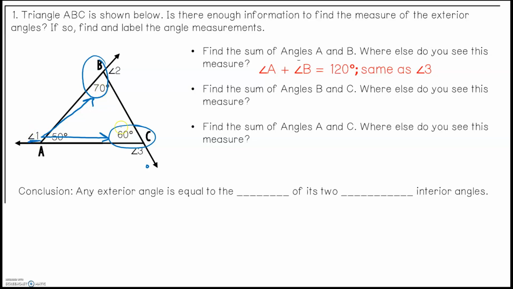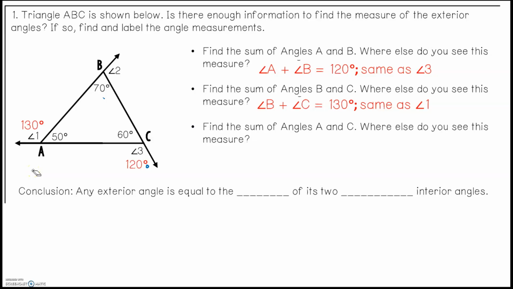So the sum of the angles that are in the opposite corners, not touching the corner where that exterior angle is, will give us the measure of that exterior angle. So B and C, which is 70 degrees plus 60 degrees, is going to give us 130 degrees, which is the same as the measure of the exterior angle of angle 1. So that one's 130.